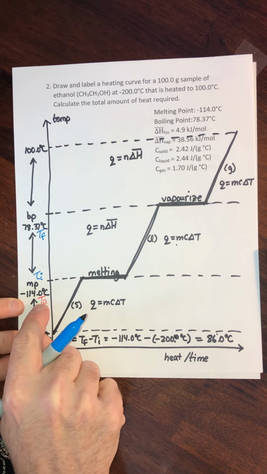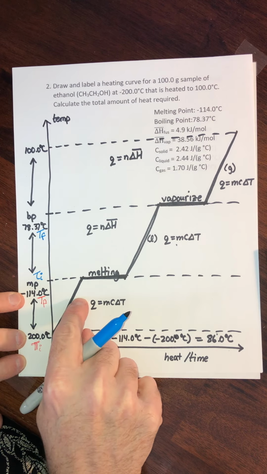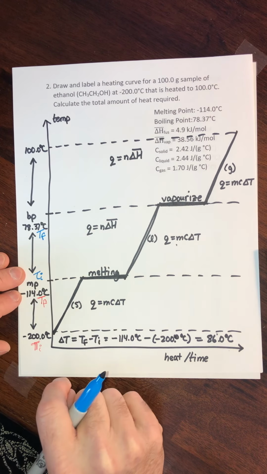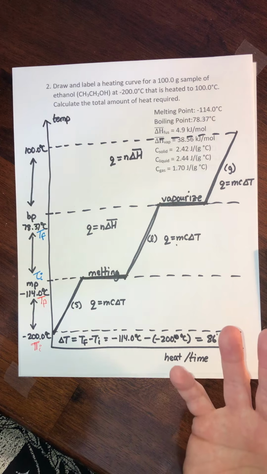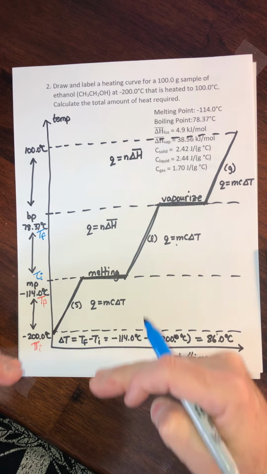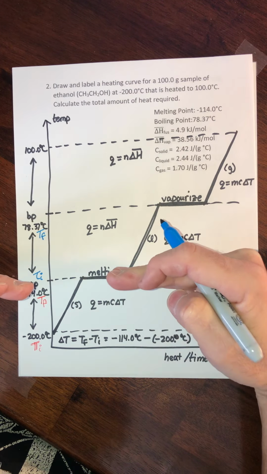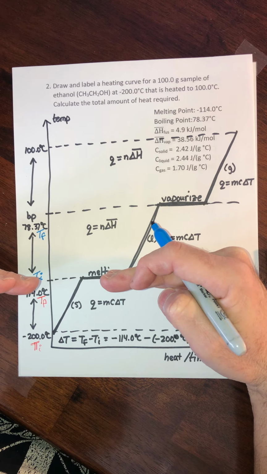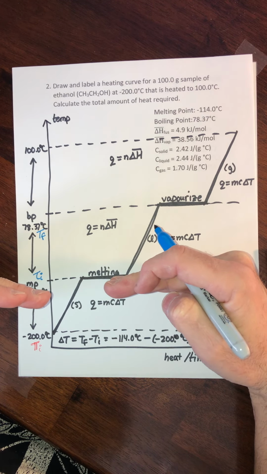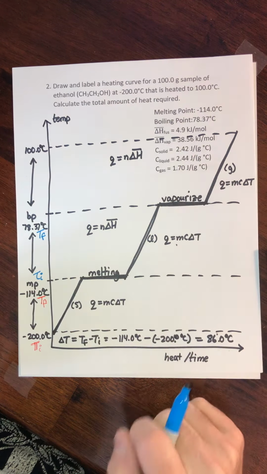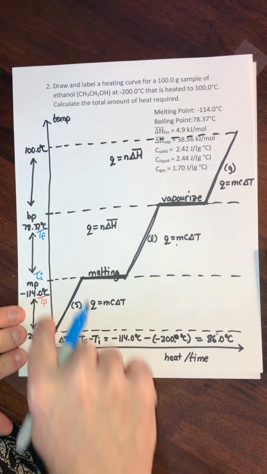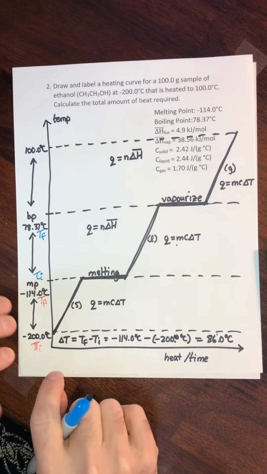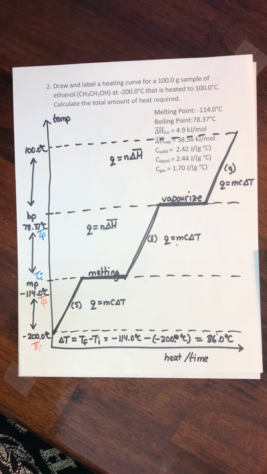What used to be my final temperature for my solid is my initial temperature for my liquid, because that's how melting happens. You raise the temperature up, the last temperature that you had as a solid is the temperature you start at as a liquid, and then it comes back up again. So that's why this graph is so powerful. It allows you to keep track of your temperatures.